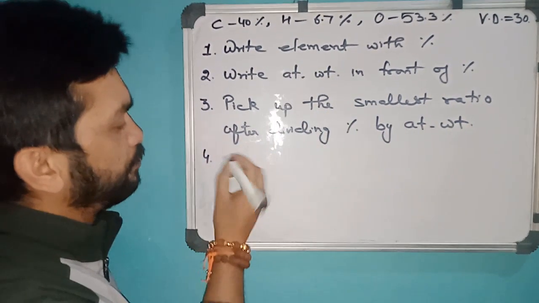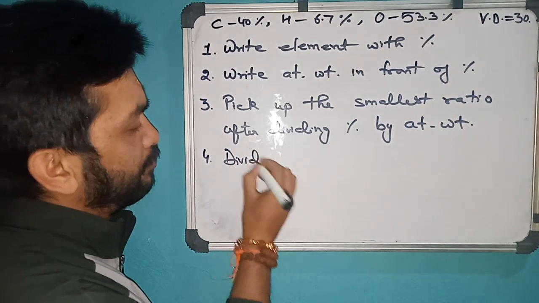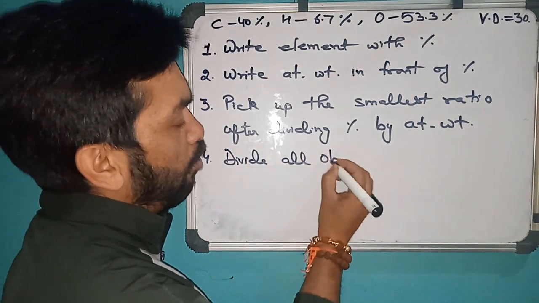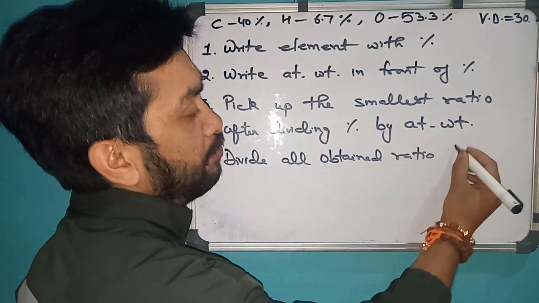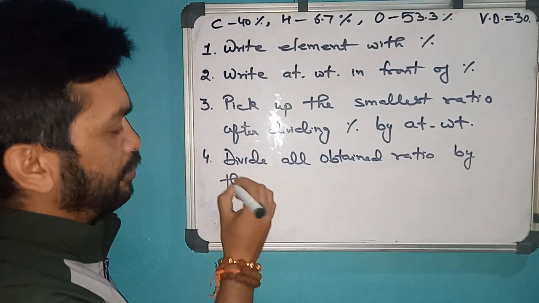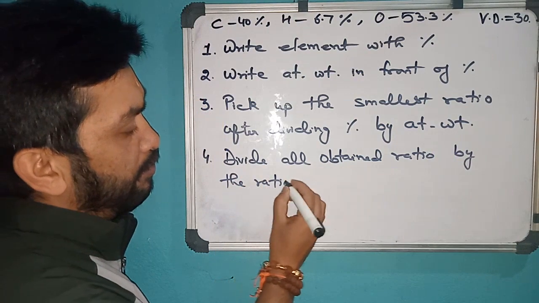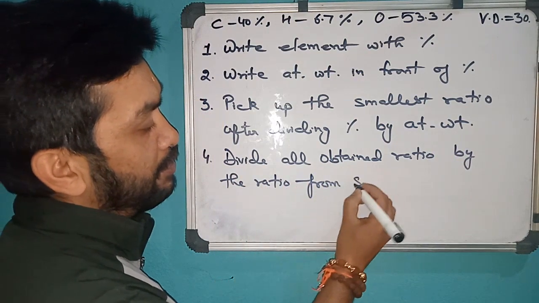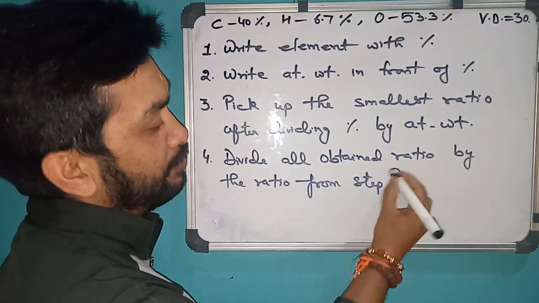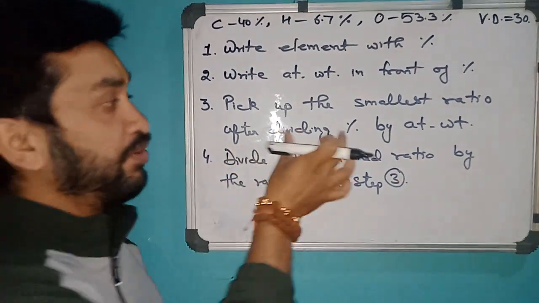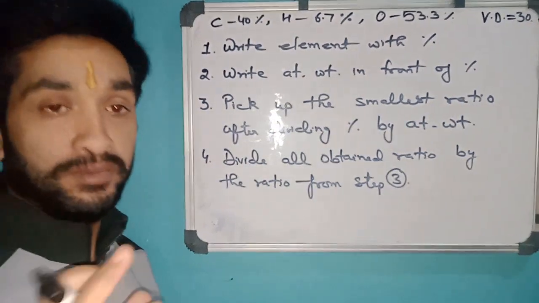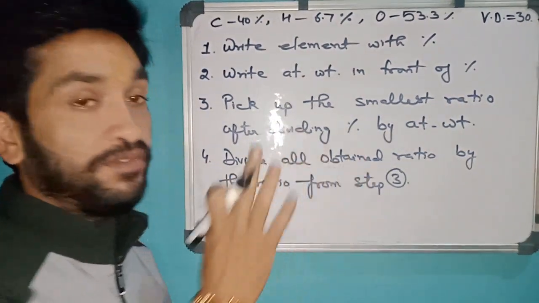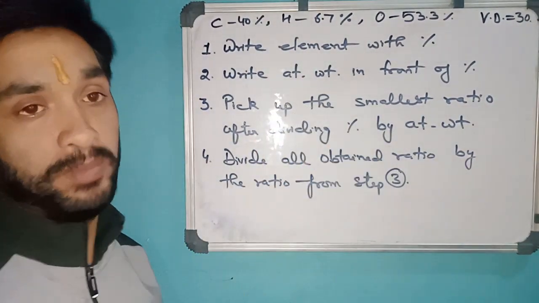Fourth part is divide all obtained ratio by the ratio from step number 3. Okay, from step 3, whatever the smallest ratio you have taken from there, with that ratio you have to divide each and every ratio, which was the answer for the third part.